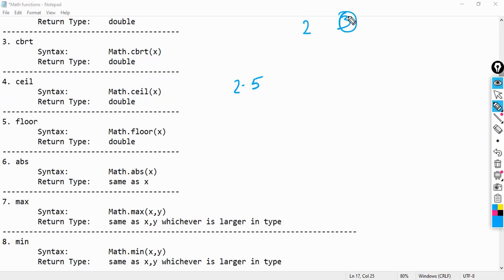The bigger number is 3. So the Ceil value of 2.5 will be 3. So for the Ceil function, if the decimal part of the given number is anything other than 0.0, you have to take the bigger number.